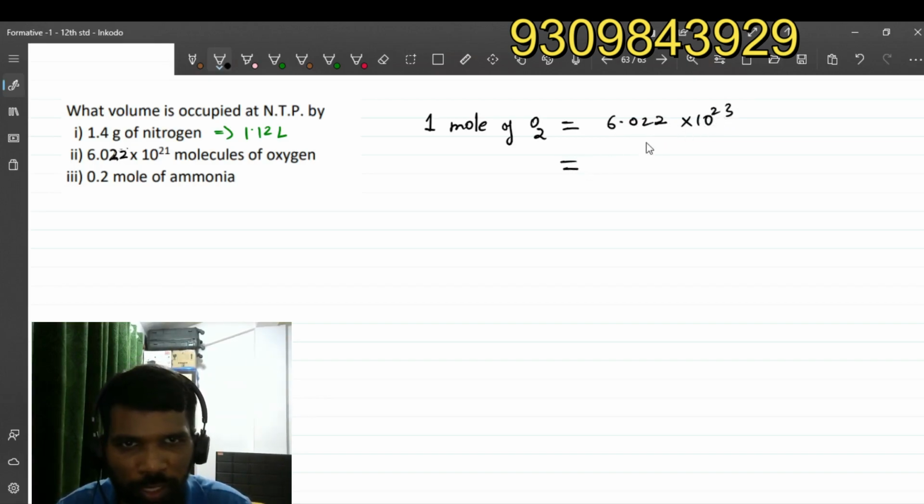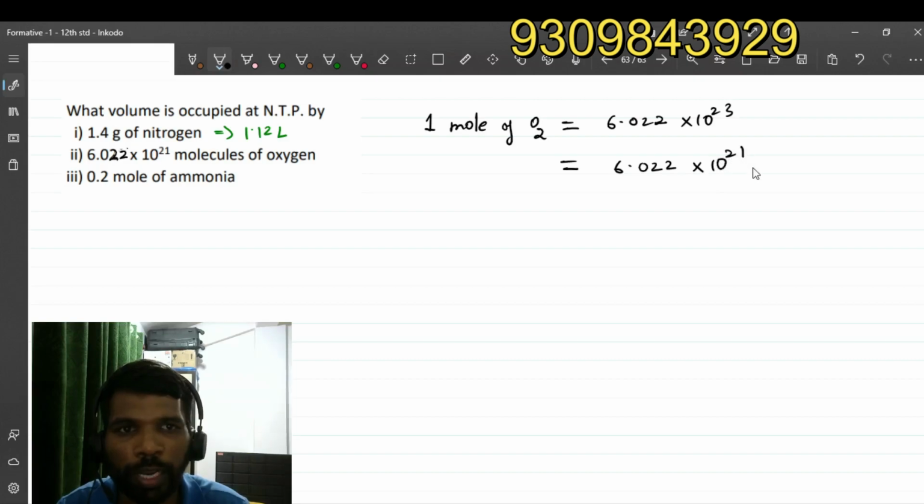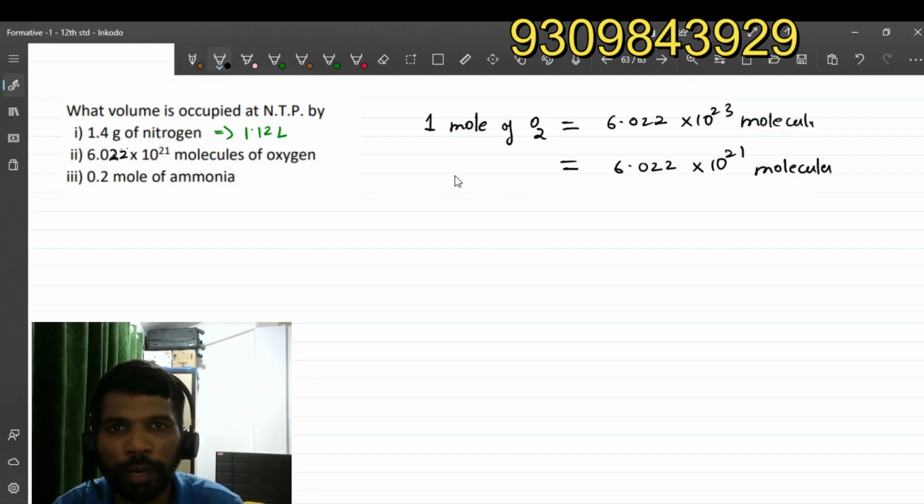So if this is the case, what is the meaning of this? You are supplied with 6.022 into 10 raised to 21 molecules, and this is equal to x mole of O2.